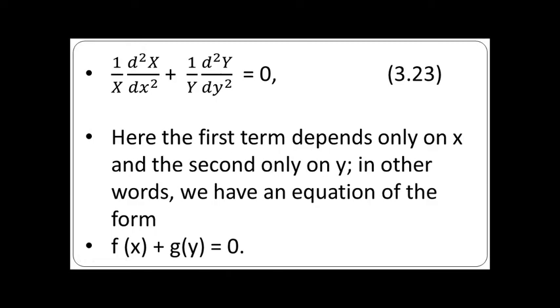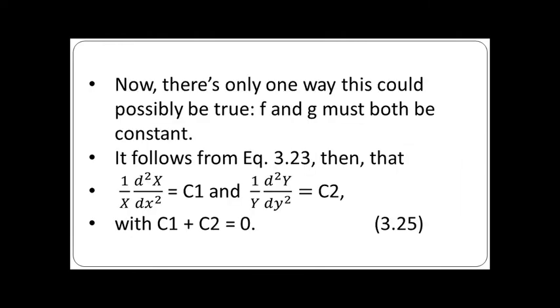This is only true because both are functions depending upon independent variables x and y. There is only one way this could possibly be true: f and g both must be constant.